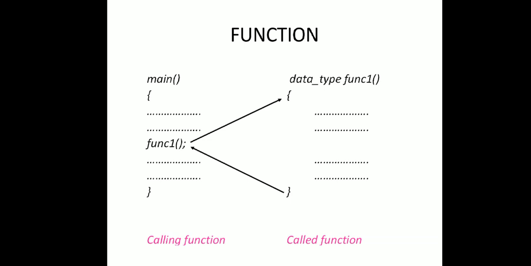Function 1, and then you have to use a pair of parentheses, because each and every function ends with a pair of parentheses. Even our main function has a pair of parentheses, right? So function name and then pair of parentheses.